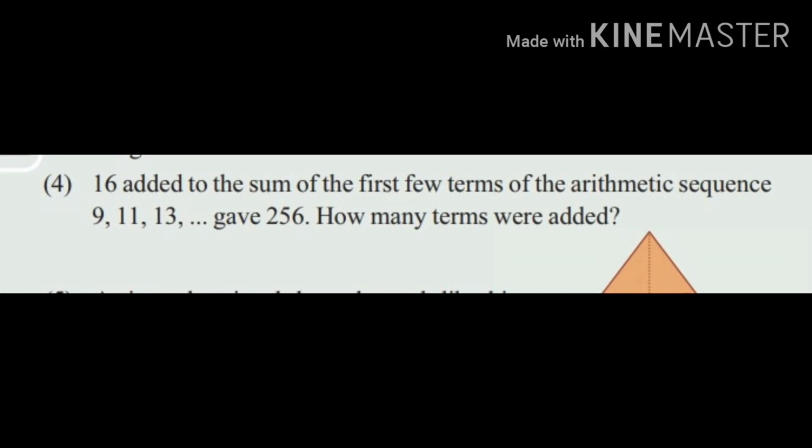Next is question number 4. 16 added to the sum of the first few terms of the arithmetic sequence 9, 11, 13, etc. gave 256. How many terms were added? This is also the same as the third question. The sequence is given, and the sum of the first few terms plus 16 gives the answer 256.